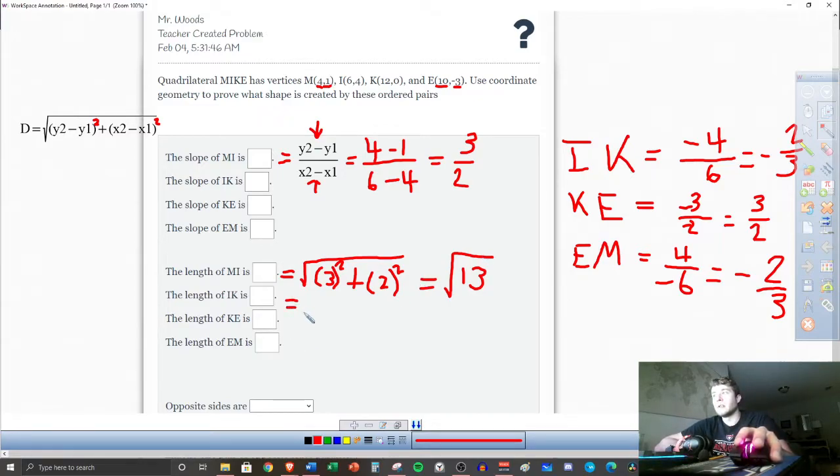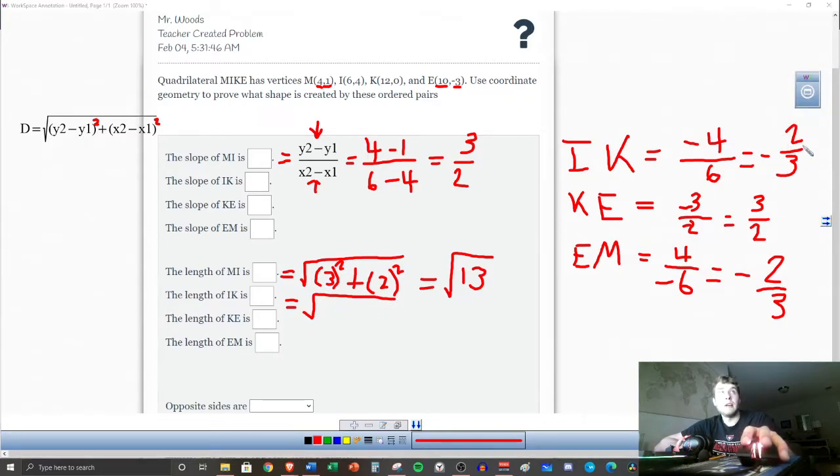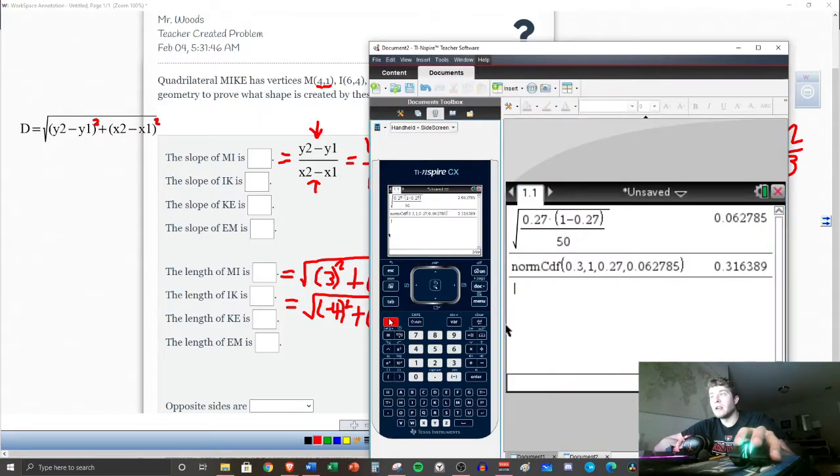So let's do the next one. Square root, we're going to look over here. We're not using the simplified slope, so I don't care about this negative 2/3. I have to use the original changes in x and changes in y. So it's negative 4 squared plus positive 6 squared. That is 16 plus 36. Of course, if you want to use a calculator to do this, that's totally fine. Make sure that you use parentheses around your negatives.